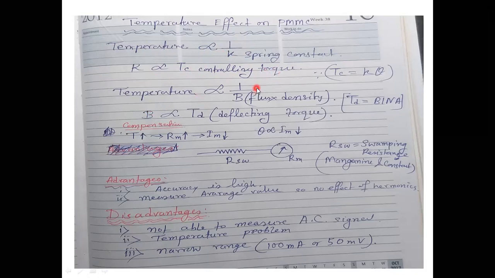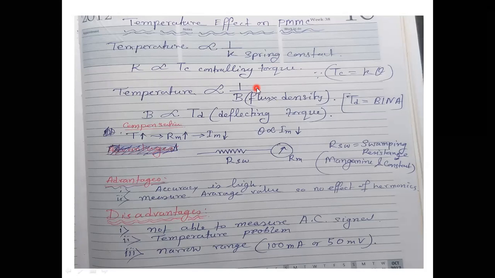Whenever temperature is increasing, our spring becomes loose. Say at 20 degree centigrade, 10 ampere causes a 30 degree angle movement.